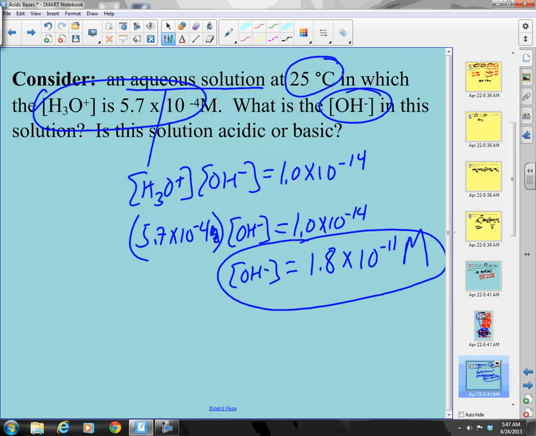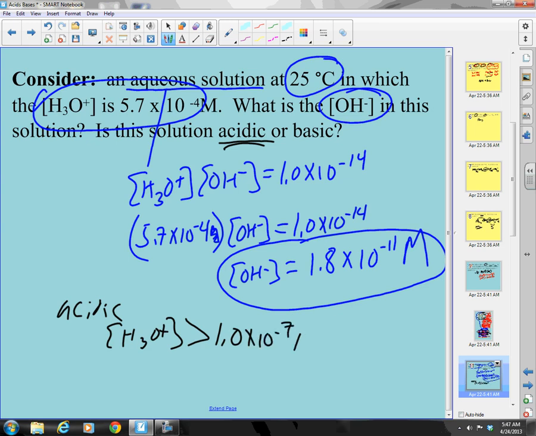Let's answer the question. Is this acidic or basic? Well, let's check out my hydronium for an acidic. What do I have? Hydronium is greater than 1.0 times 10 to the minus 7th. So let's compare. My hydronium is 5.7 times 10 to the minus 4th.